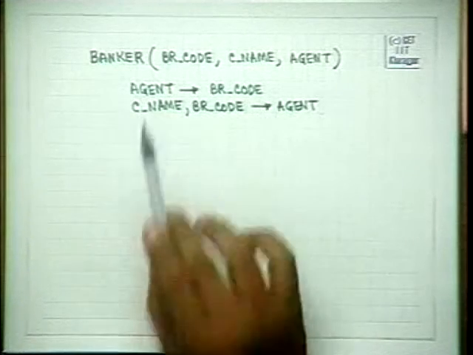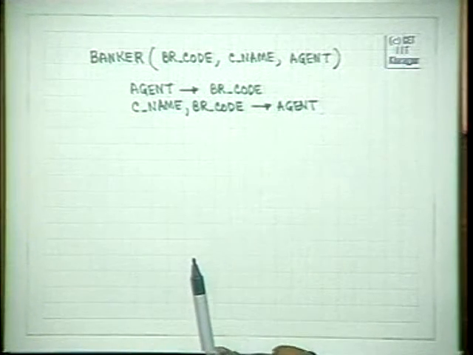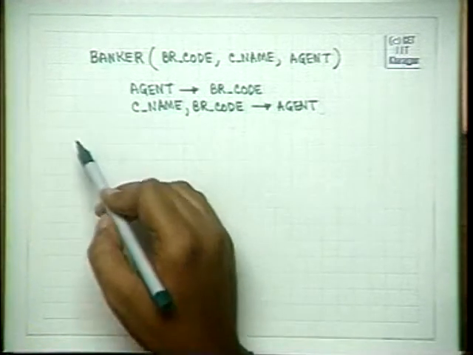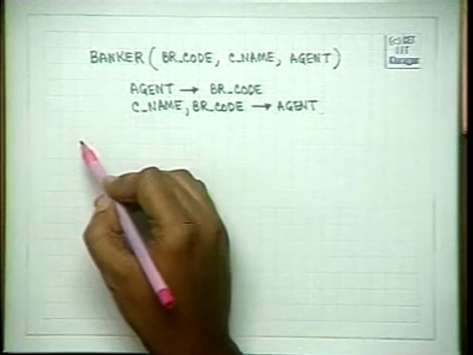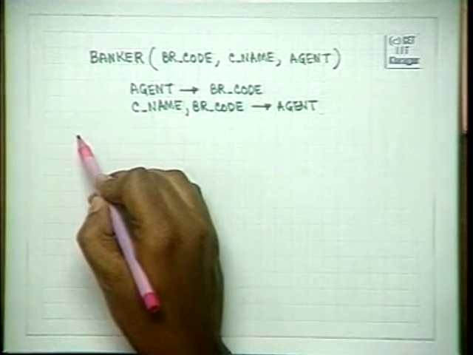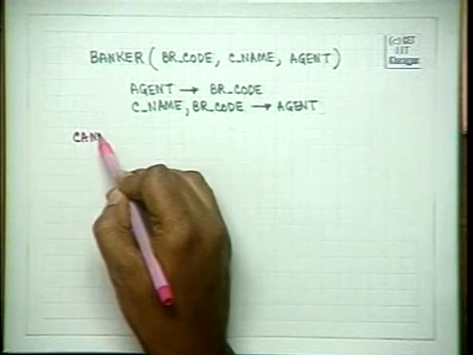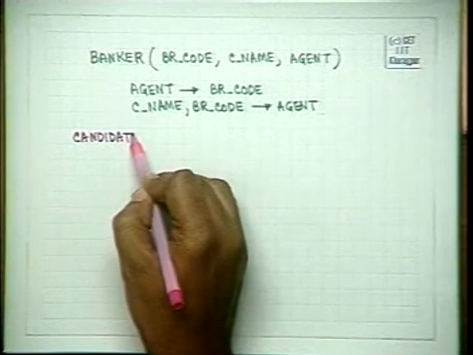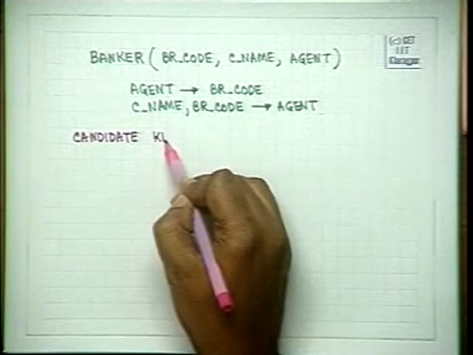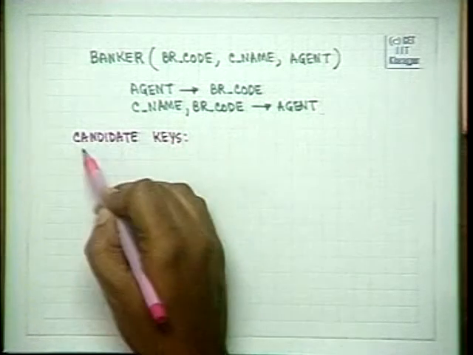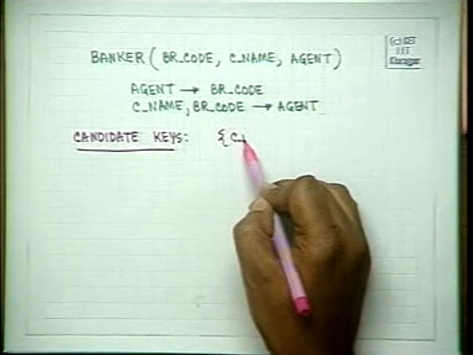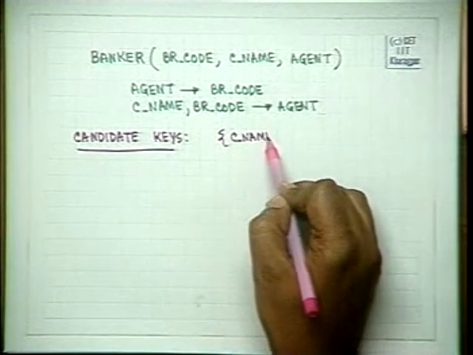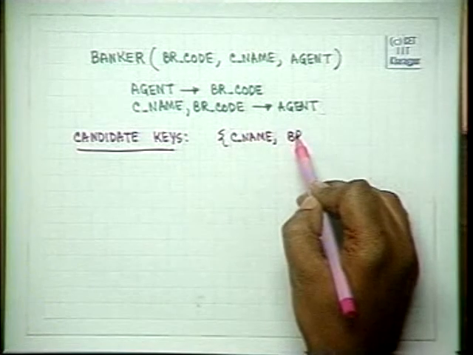Now, what are the candidate keys here? One candidate key is CNAME, branch code.